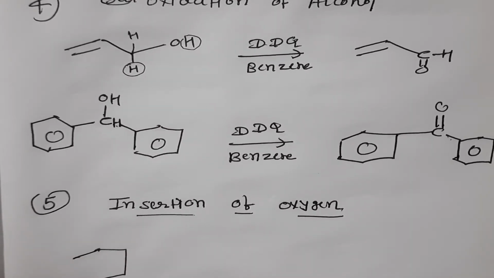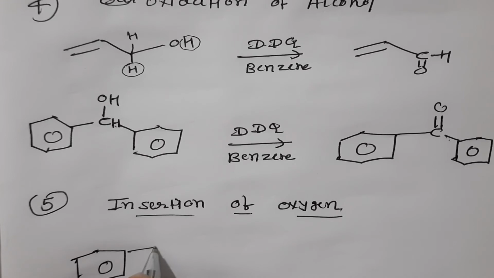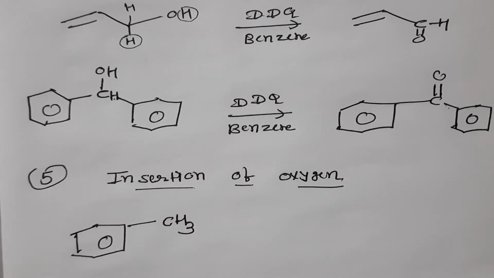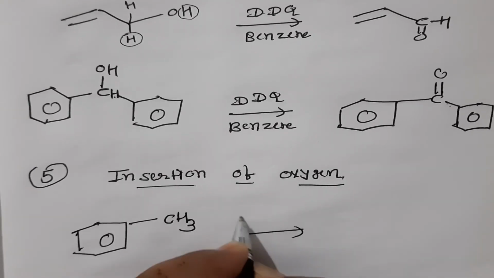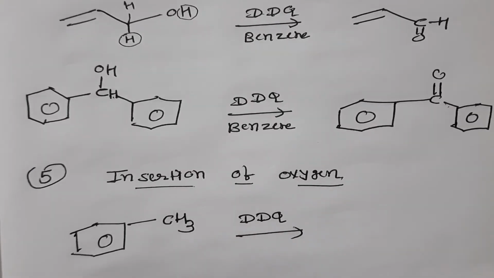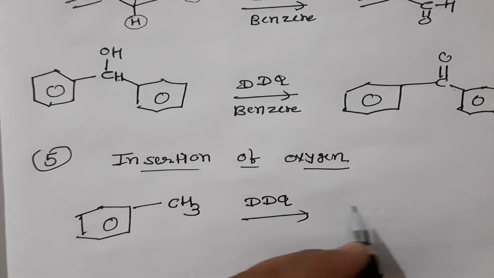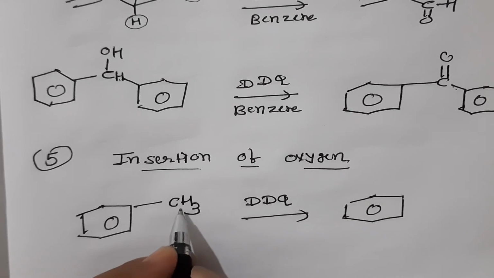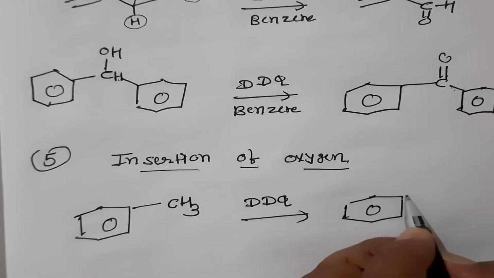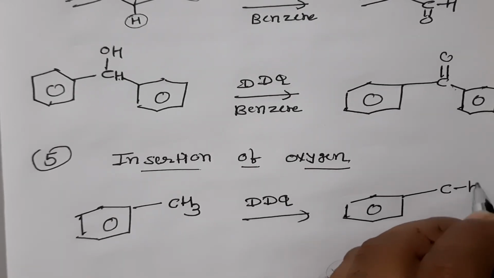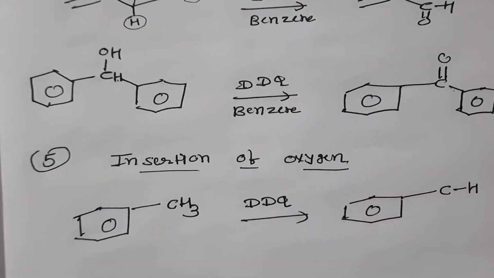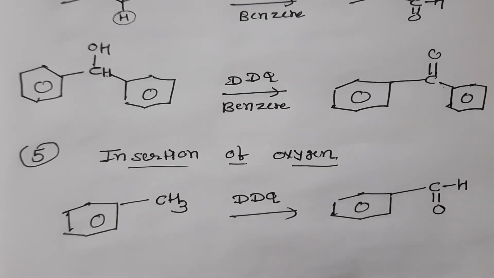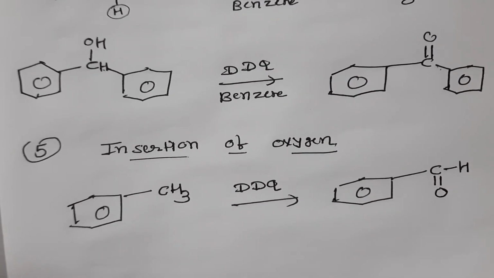Suppose we take any compound with an active hydrogen, suppose it is toluene. So what happens in the presence of DDQ? It oxidizes this into benzaldehyde, meaning insertion of oxygen, and here there is a removal of 2 hydrogen. 2 hydrogen remove हो जाएगा and we get this type of formation, insertion of oxygen and removal of 2 hydrogen.